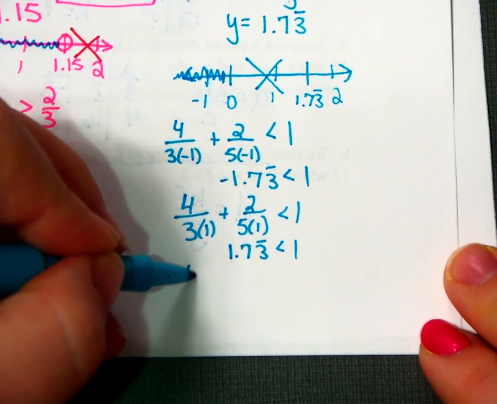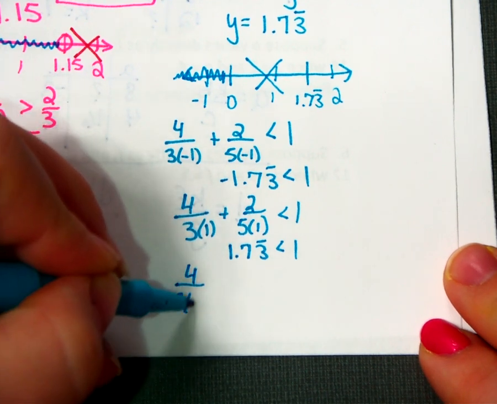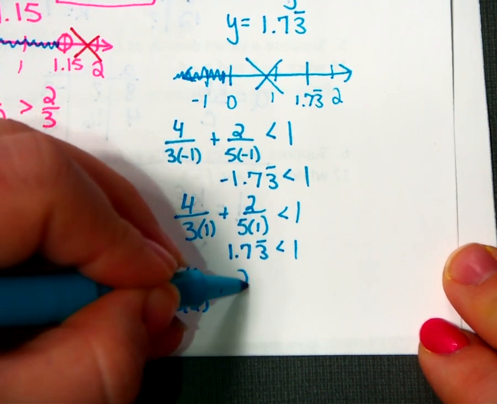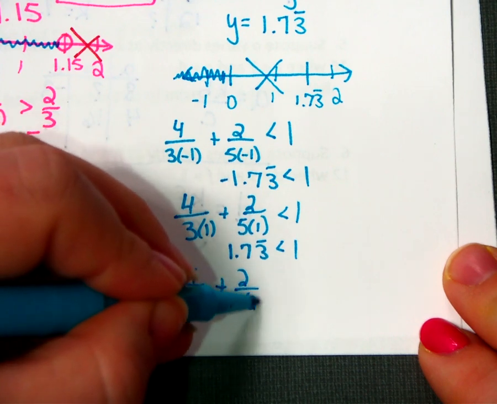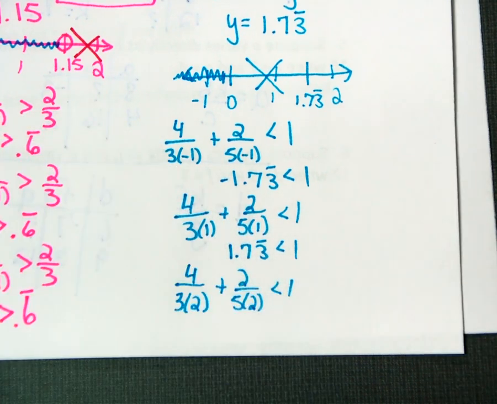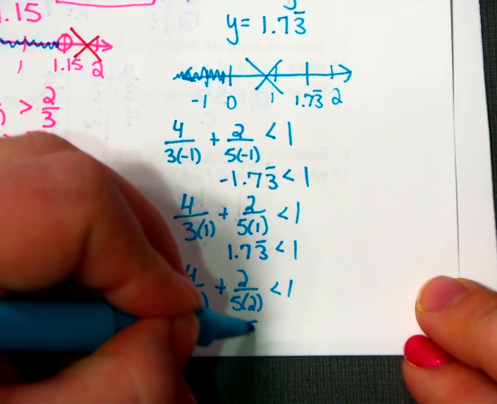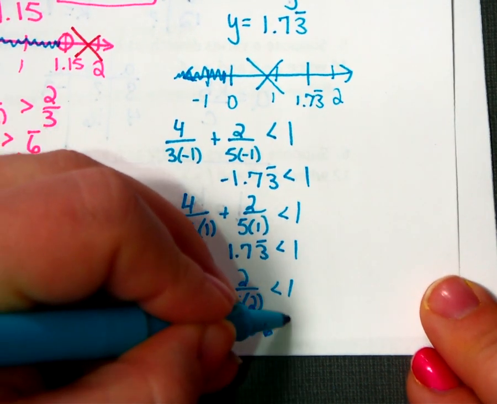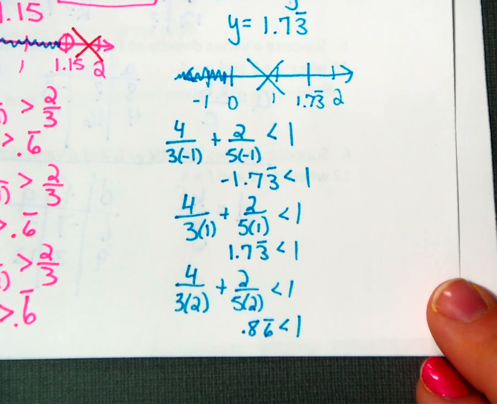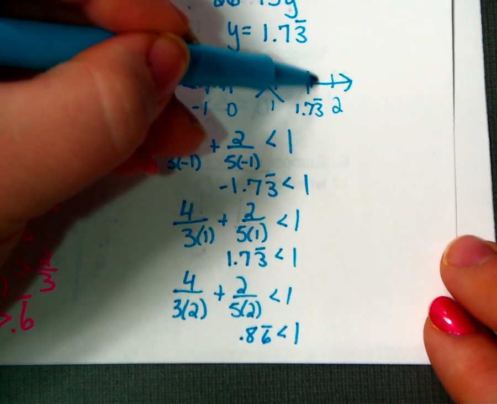And finally, we're going to plug in 2. So I have 4 over 6 plus 2 over 10. And I get 0.86 repeating is smaller than 1. And that's true.